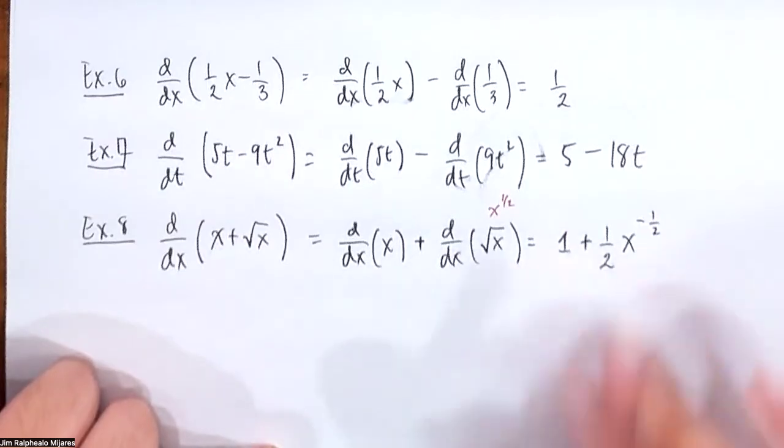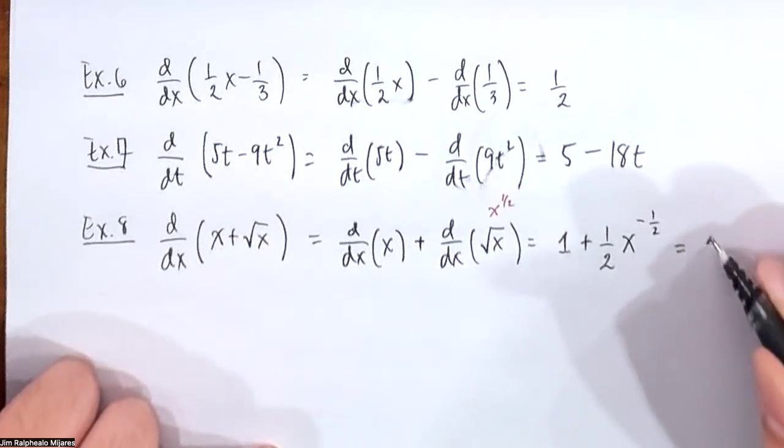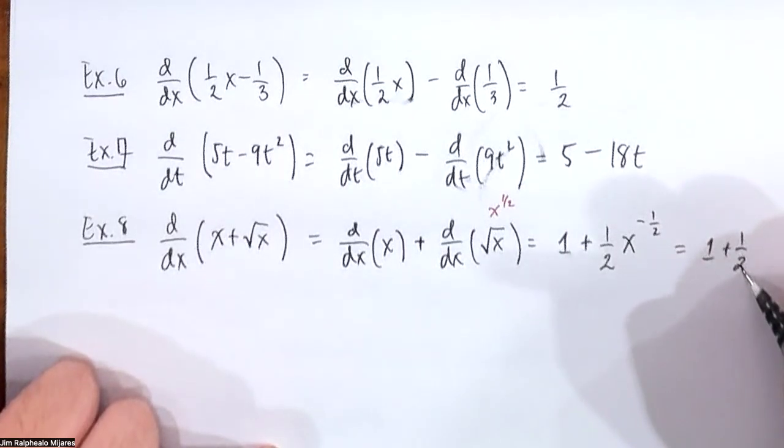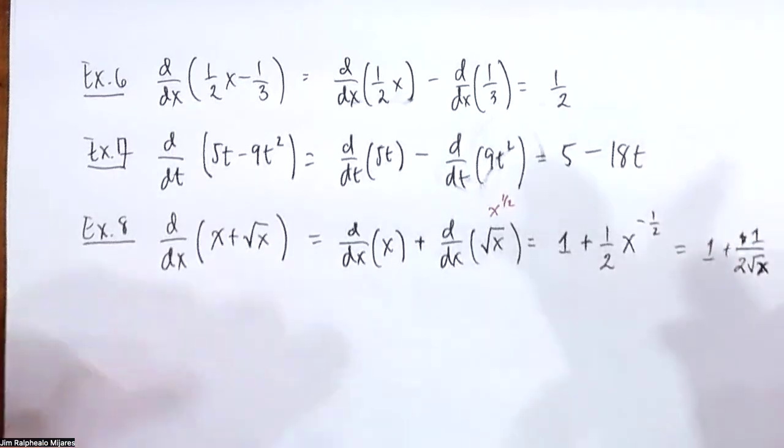So I can accept this, but the more correct answer would be 1 plus 1 over 2 square root of x, right?